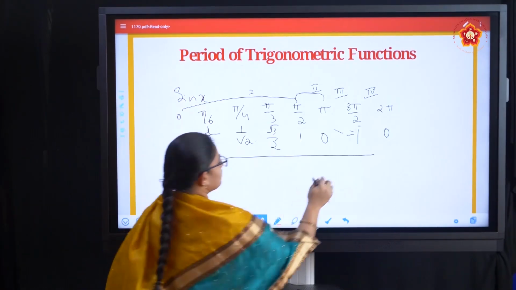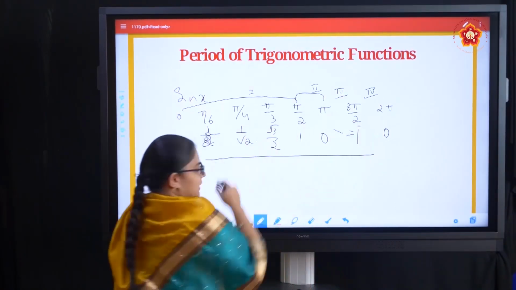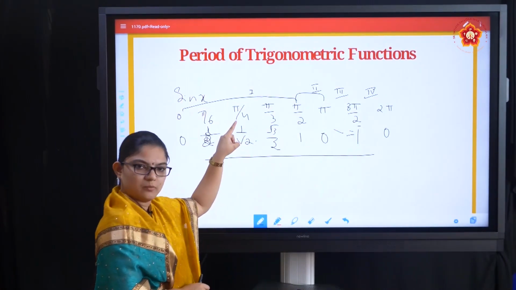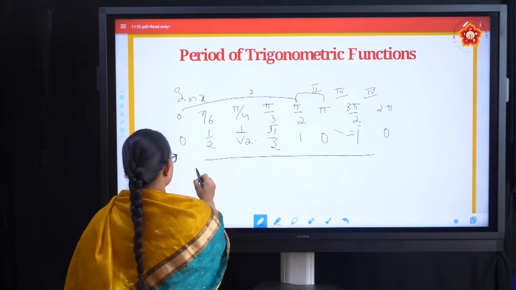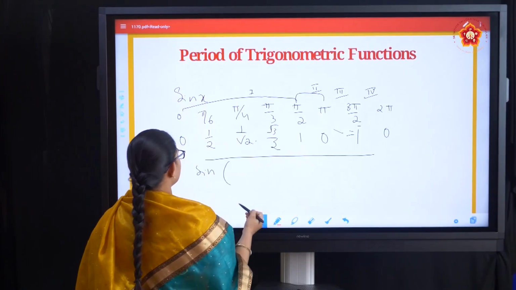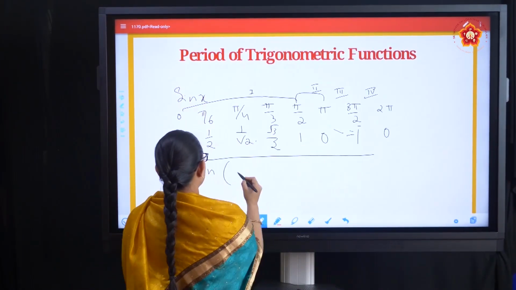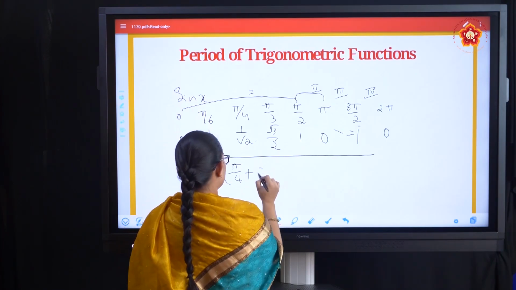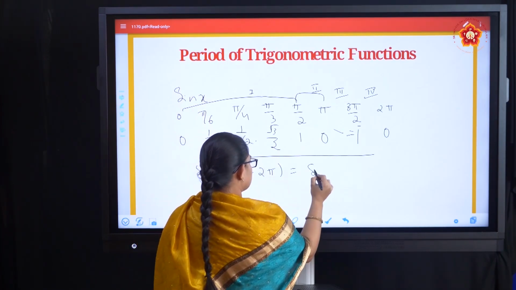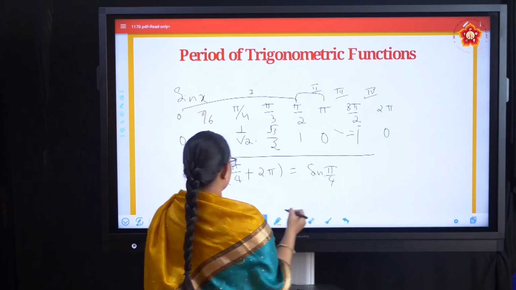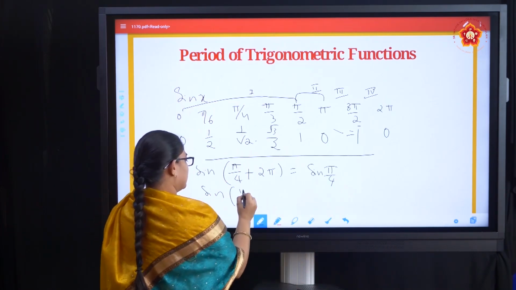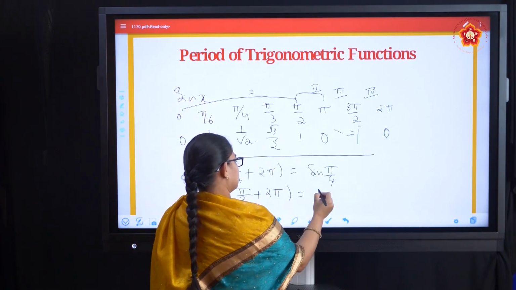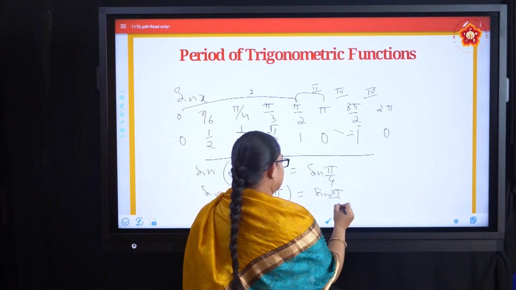If you consider 2 pi plus pi by 4, it will take the same value as pi by 4 only. That is, sine of pi by 4 plus 2 pi is sine pi by 4, or sine of pi by 2 plus 2 pi is sine pi by 2 only.